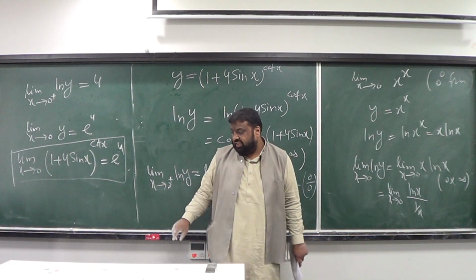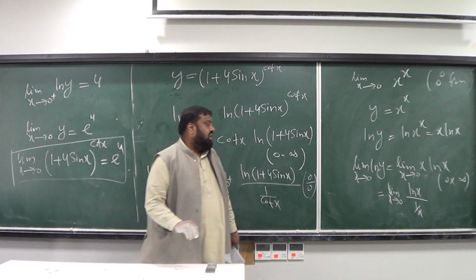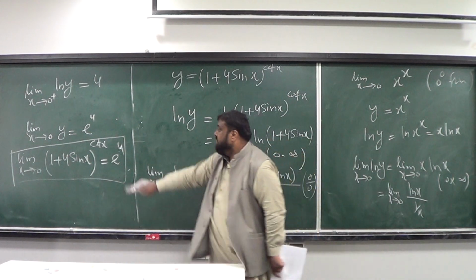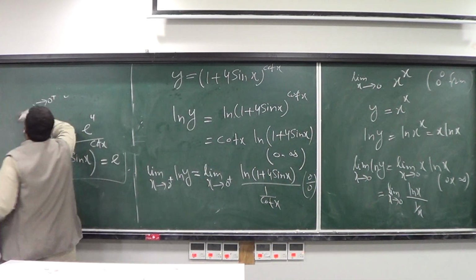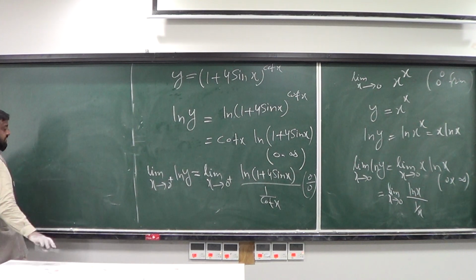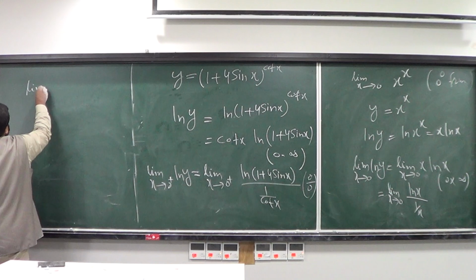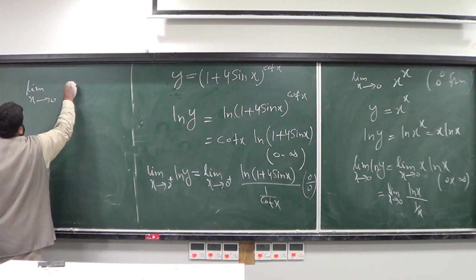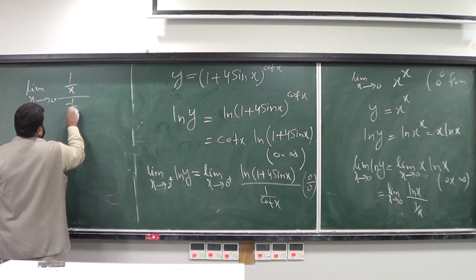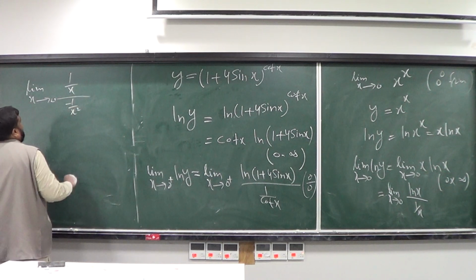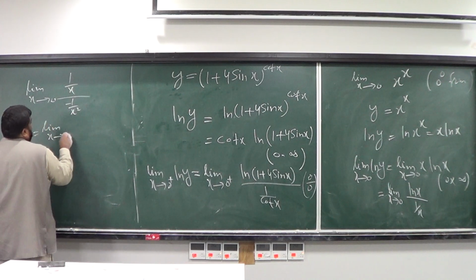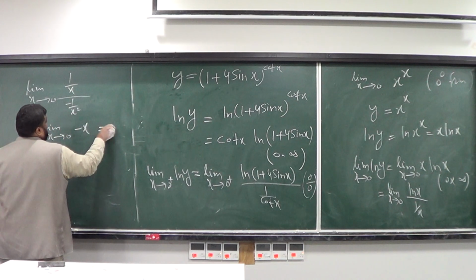If you apply the L'Hopital rule, it would give you limit x goes to 0, log x will become 1 over x, and this will become minus 1 over x square. If you simplify this, it becomes limit x goes to 0 of minus x, which is equal to 0.